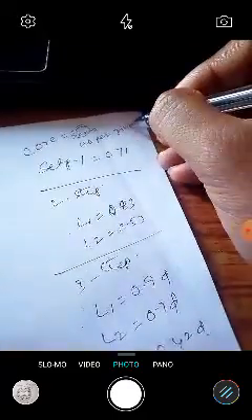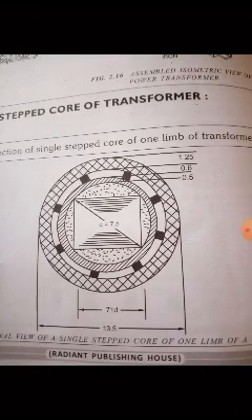By utilizing these things, you must be in a position to draw this. In this diagram, the outermost one is the HT winding, then the LT, and the thickness is given.